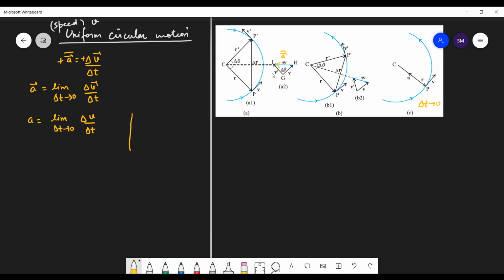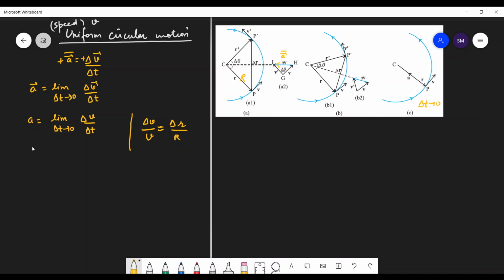So taking delta V over V, delta V over V is equal to delta R over R, where the radius of the circle is capital R. Due to similar triangles, their corresponding sides are in proportion. So I can put this value of delta V over here.